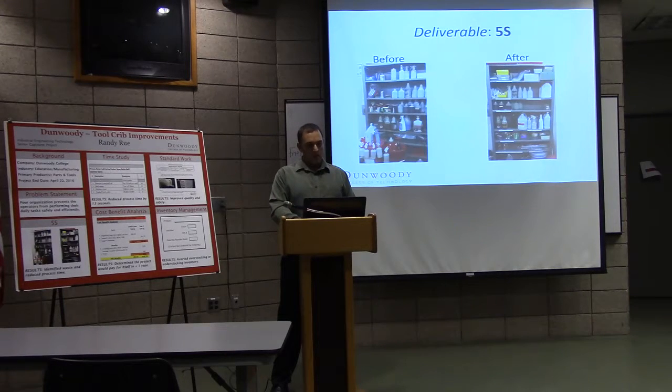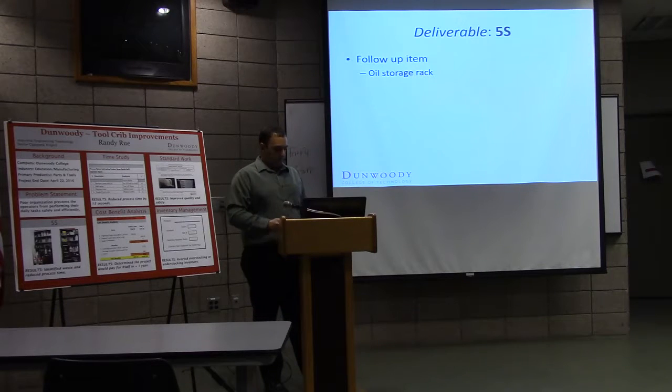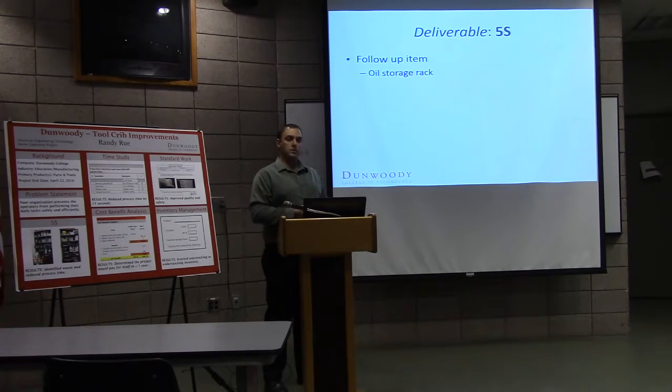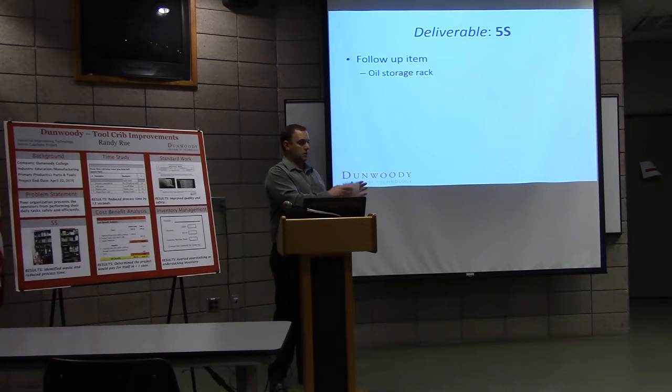One of the follow-ups from this is that they have 5-gallon oil jugs that they hand pump to fill bottles that they hand out for the machine shop. Due to cost and budget constraints, we designed a storage shelf where they can slide the 5-gallon buckets in, and then just turn a spigot to fill the jugs.